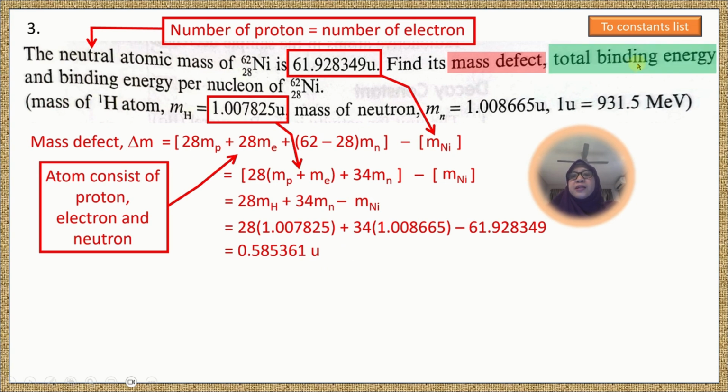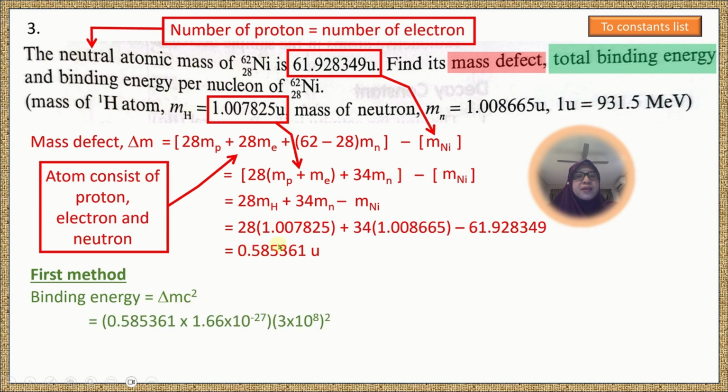For total binding energy, there are two methods we can use. You can answer in joules or in electron volts. If you want to answer in joules, you can use the first method, which is binding energy equals mc squared, the mass defect times the speed of light squared.